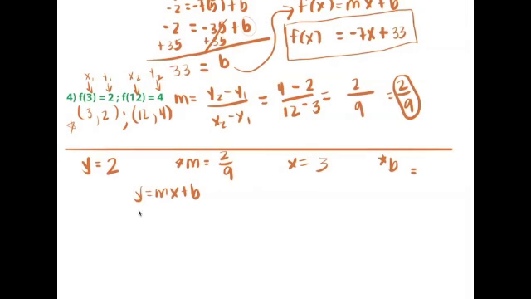Let's plug in for everything that we have. So y is 2. M you guys found was 2 over 9. Our x is 3. Plus b. We got this ugly fraction that I know all of you love. So let's do this. Let's combine the 2 and the 3 first. The 2 over 9 times 3.